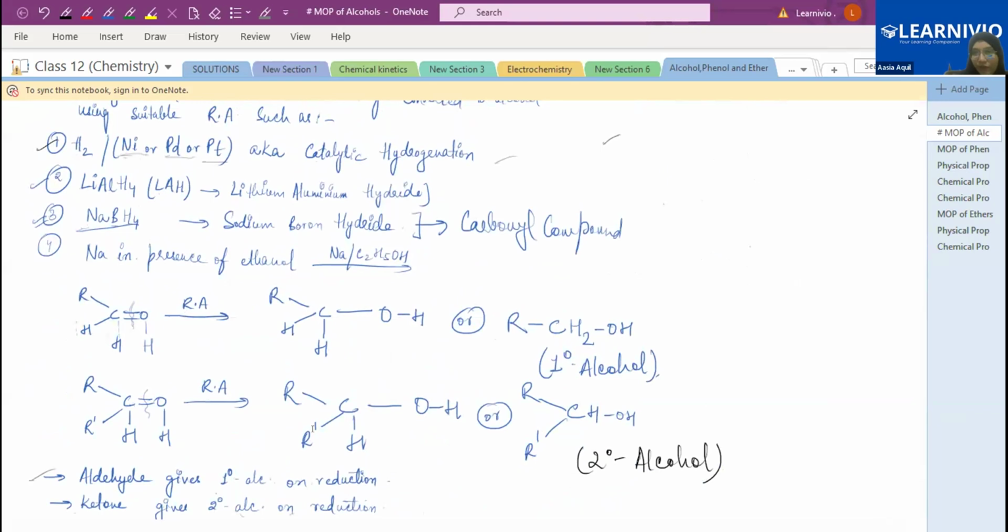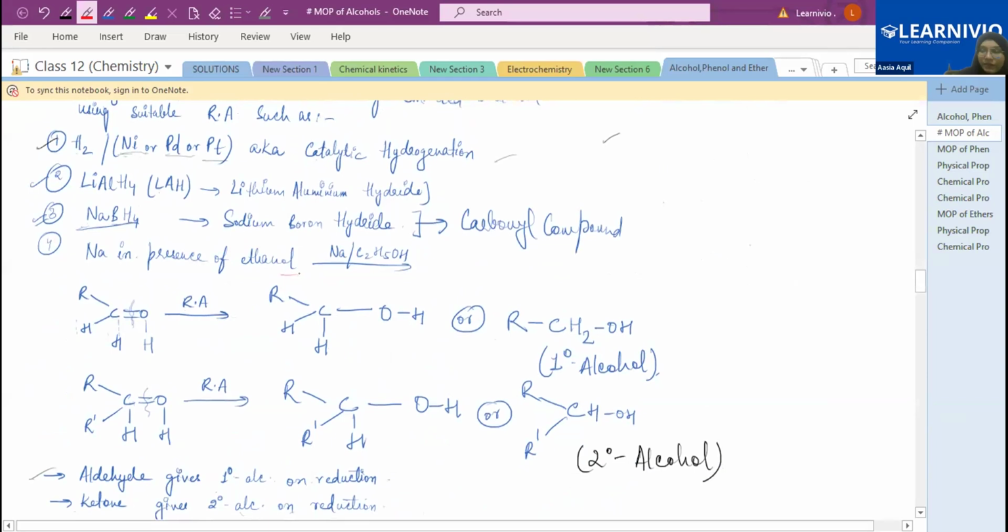Sodium borohydride will reduce only the carbonyl compound. Okay, we can also use sodium in the presence of ethanol as a reducing agent. And the fourth one, you can also do catalytic hydrogenation. In catalytic hydrogenation we use H2 and nickel or palladium or platinum as a catalyst.